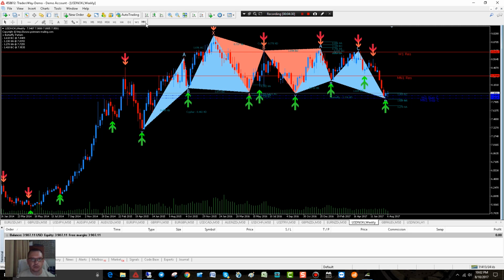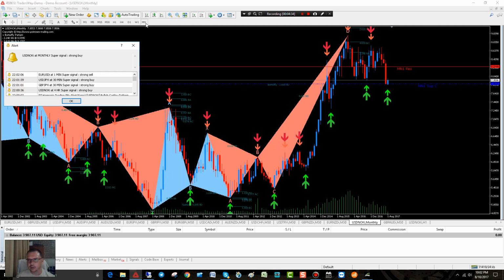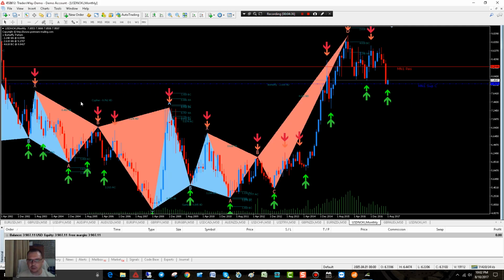Now if we go to the monthly, which is the highest time frame, we have no current harmonic pattern. The last harmonic pattern was a bearish one. But it's such a broad time frame that so much can happen in that span of time.